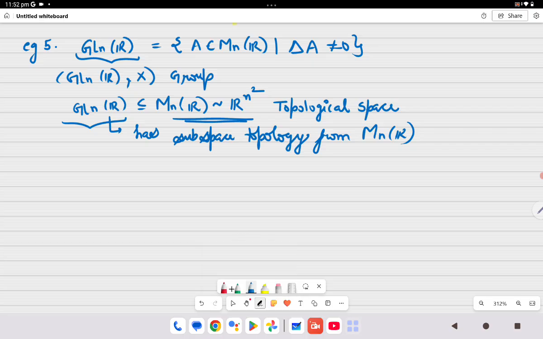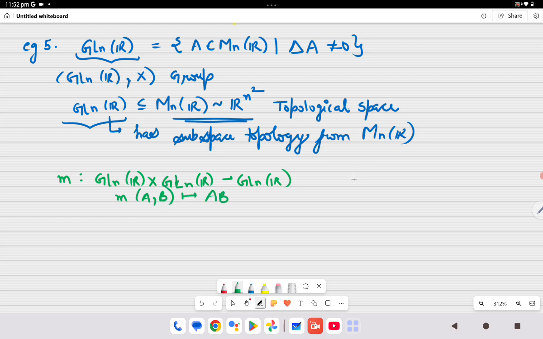Now we need to justify the continuity of the multiplication map. So here M goes from GLNR cross GLNR to again GLNR, such that M of A comma B is mapped to AB.